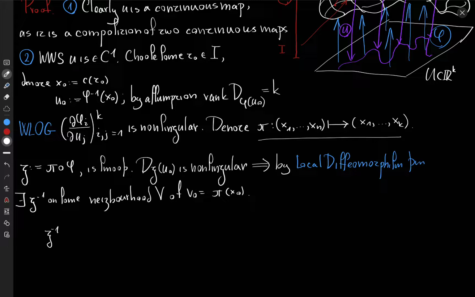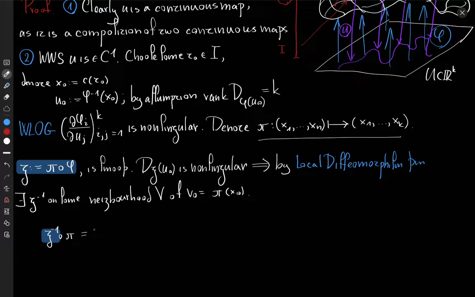G inverse composed with pi is phi inverse, quite clearly. It's because of the definition of G up here. And thus, okay, I can write this out explicitly.